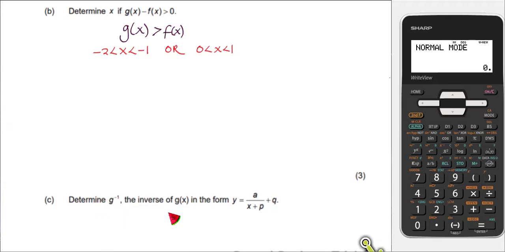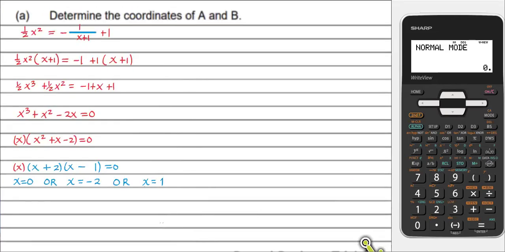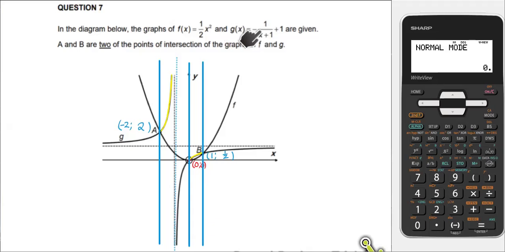The next one, determine the inverse graph of G in this form. All right, it doesn't matter. So that means in this graph, we swap x and y. I'm going to just do it here. So that means this one becomes x equals to -1 all over y plus 1 plus 1.